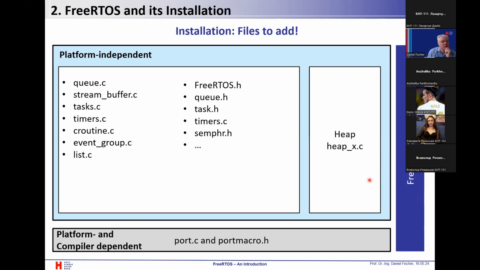Okay, what can I say about the heap? If you program with FreeRTOS, you have to create tasks, you have to create queues, all of which we will see later. And if you create them, you need memory, and this memory is managed by the heap.